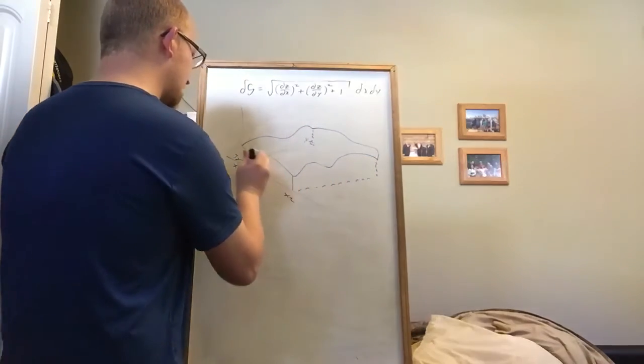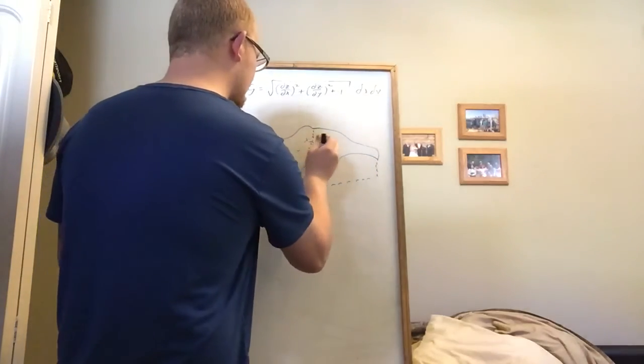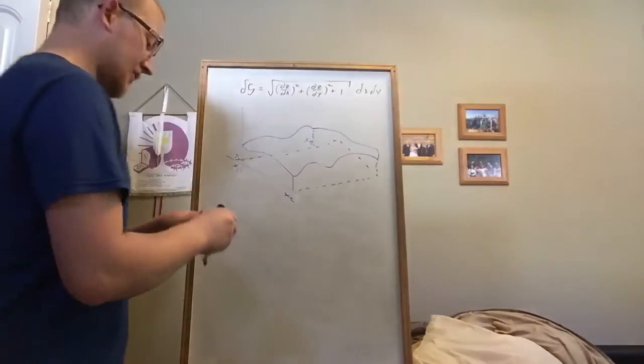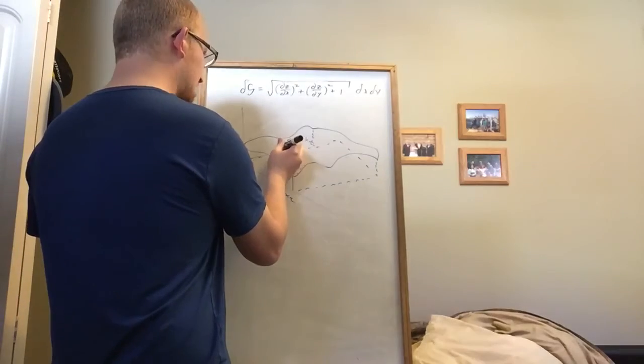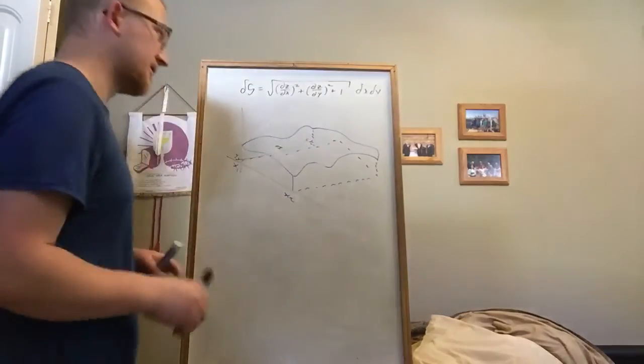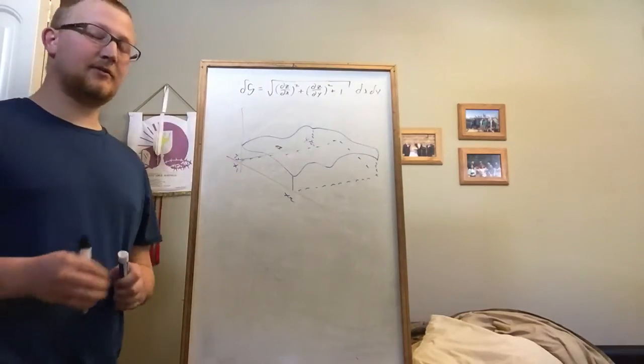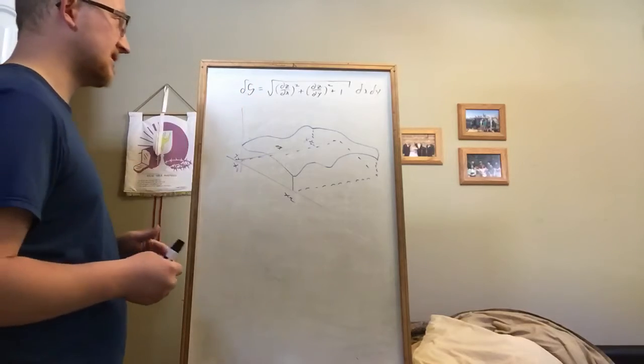And that left a shadow region beneath it. The whole point of ds was to take a look at a small little chunk on the surface, and we made a derivation for ds here.